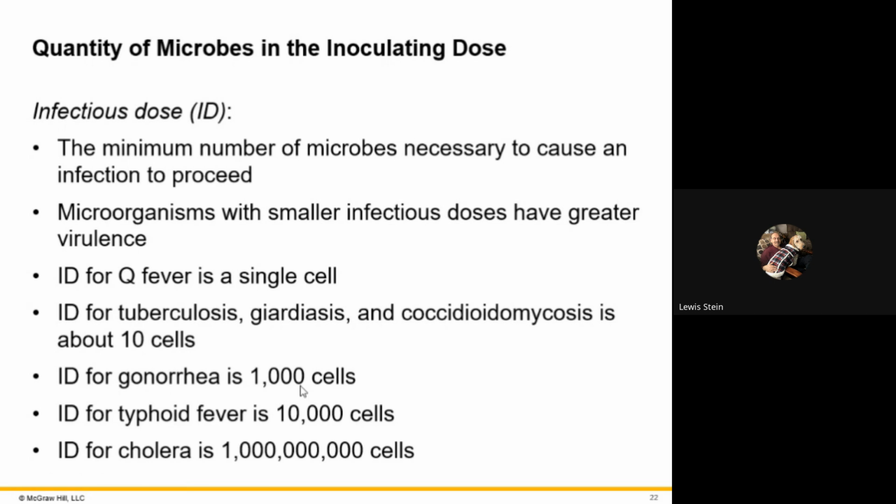Yes, ma'am. So for tuberculosis, 10 cells versus 1,000 cells, what's different about the organism that makes it more infectious or not? Once it gets colonized, once it more readily establishes itself, would be the way to describe it.